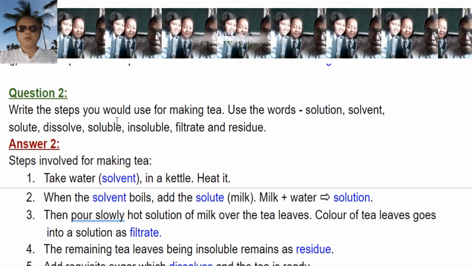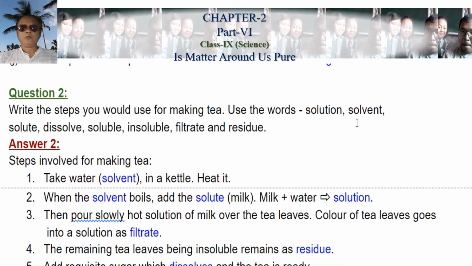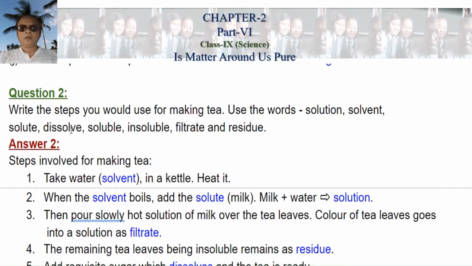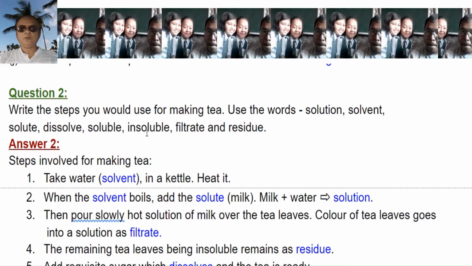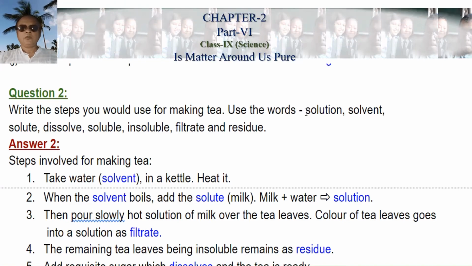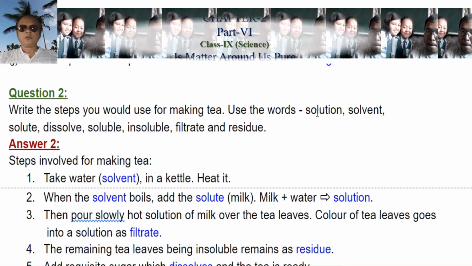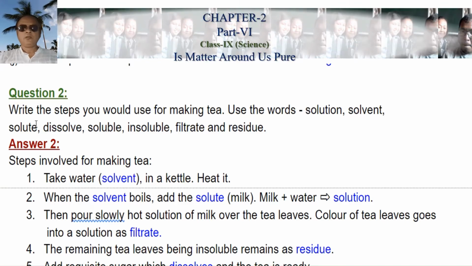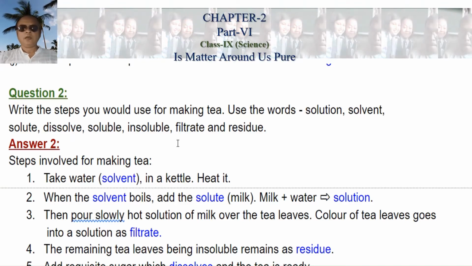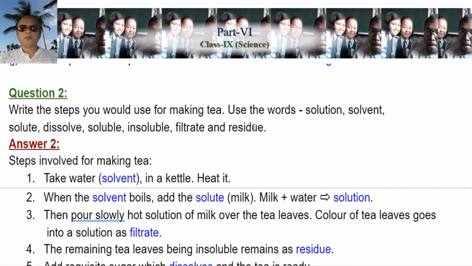Write the steps you would use for making tea. Use the words solution, solvent, solute, dissolved, soluble, insoluble, filtrate and residue. In the answer, whatever words we use, like solution, solvent, solute, dissolved, soluble, insoluble, filtrate and residue, we made them blue color.